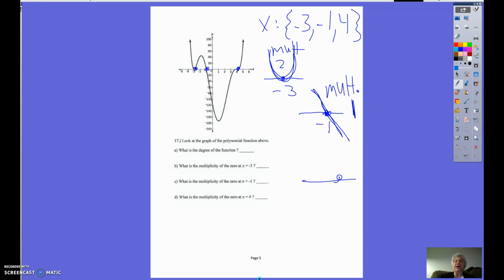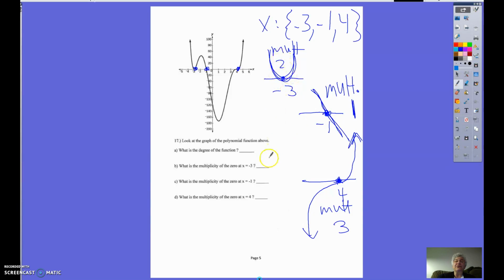For the last one, where it goes through +4, to see that the multiplicity is 3, we see that it looks like a cubic. It goes into the function, it flattens out or zigzags in, and then continues on its way, in this case increasing, which tells us the multiplicity is 3 for x equals 4.